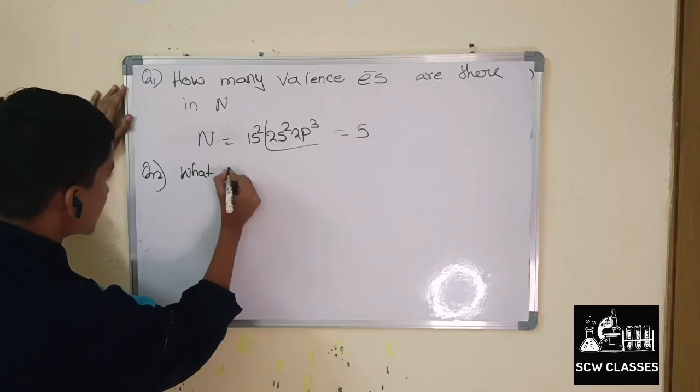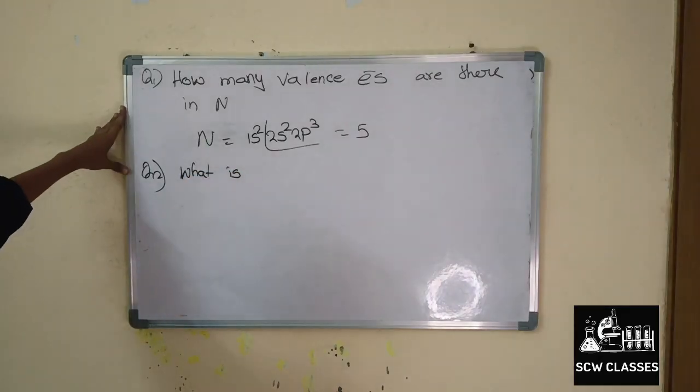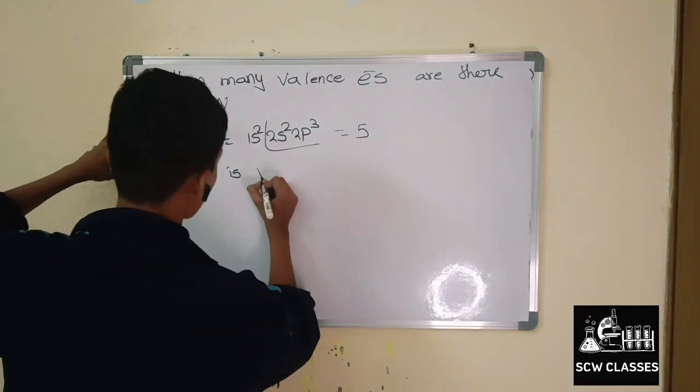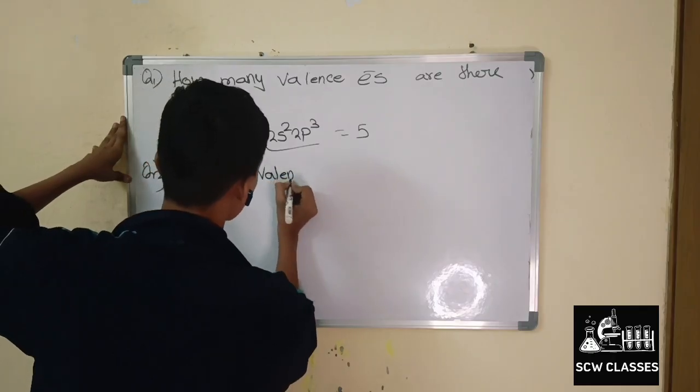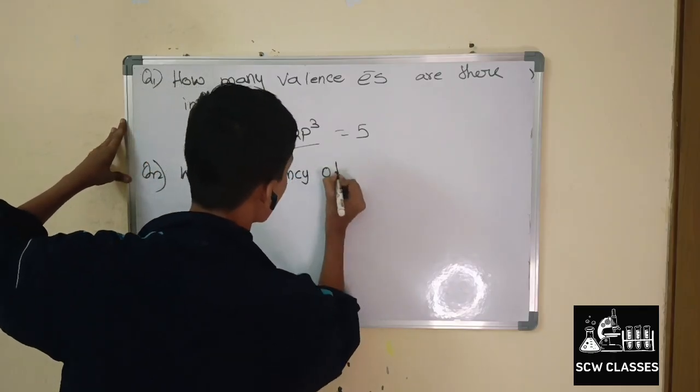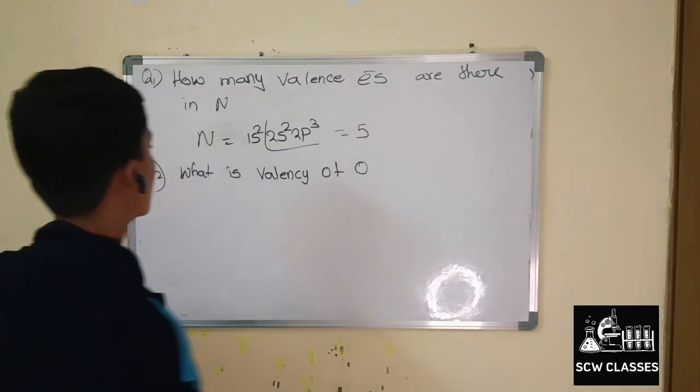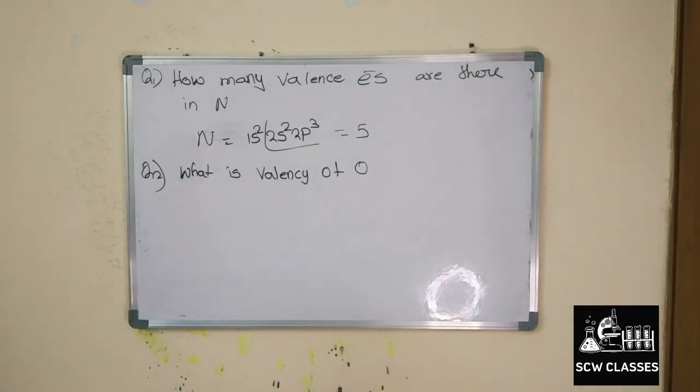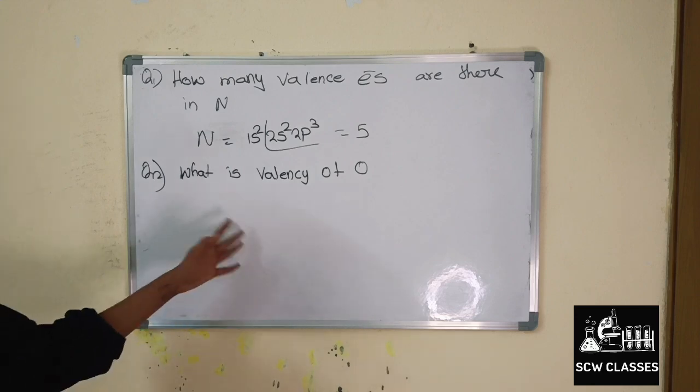Now question number 2. What is the valency of oxygen? Oxygen is a non-metal, so the valency of oxygen is simply 8 minus the number of valence electrons, that is the formula.